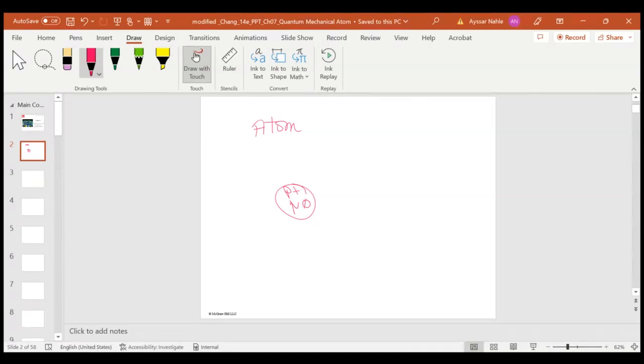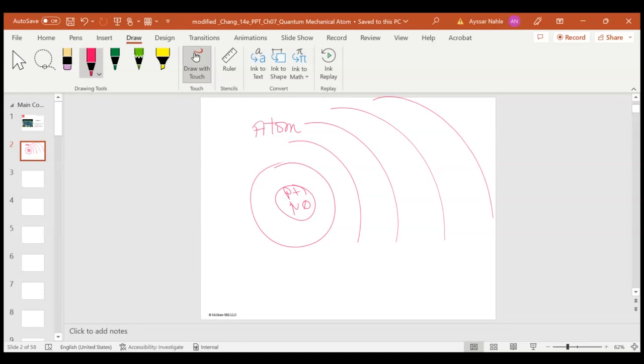And there will be some shells around it. So that's shell number 1, shell number 2, shell number 3, number 4, whatsoever, they are shells. In the shells, we have subshells, subshells that are inside the shells, all right?